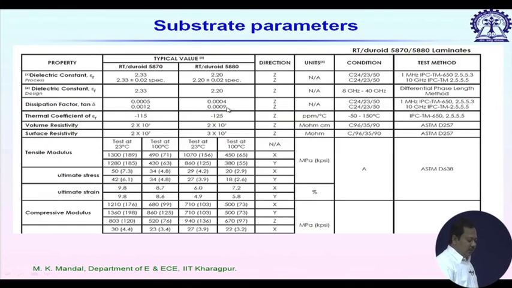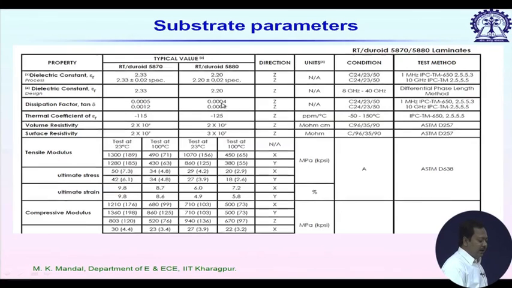So, you see as the frequency increases, the measured loss tangent values are increasing. We will see that theoretically loss tangent should decrease, but practically if I look at the measured values, loss tangent is increasing with frequency.